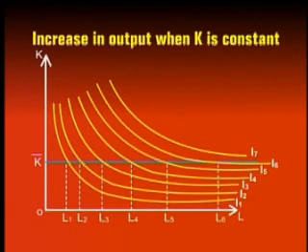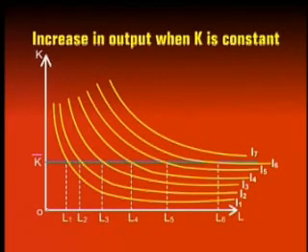Similarly, L4 minus L3 is bigger than L3 minus L2, and L5 minus L4 is bigger than L4 minus L3, and so on. Now, it is the curvature of the isoquants which gives us these diminishing marginal returns.